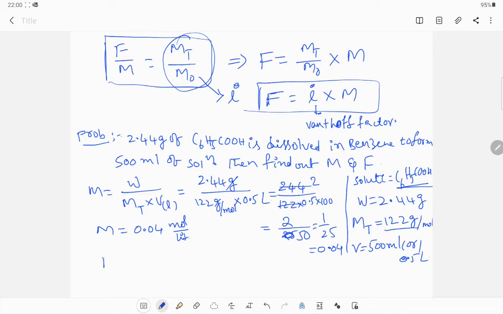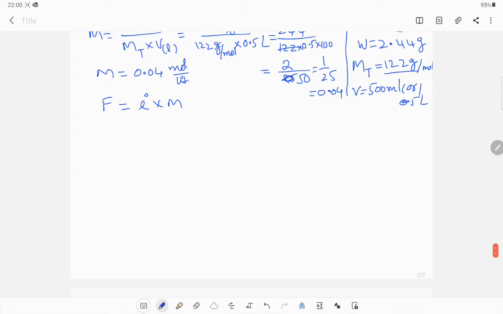Now the formality formula is what? I into molarity. Now I equals what? Theoretical mass divided by observed mass.